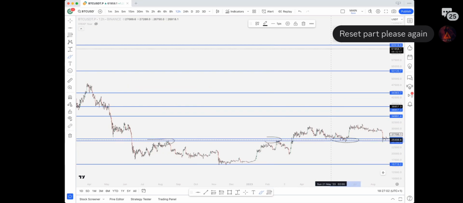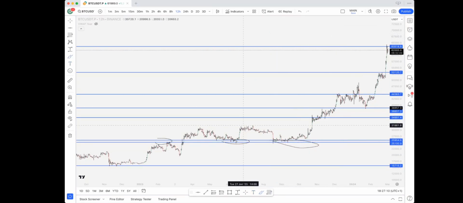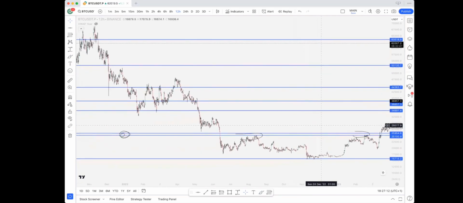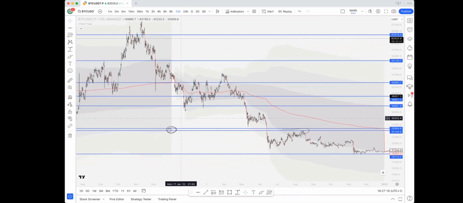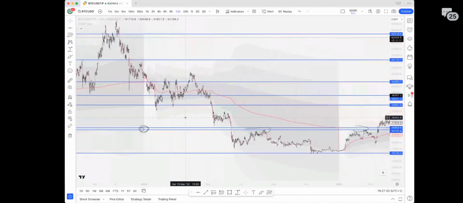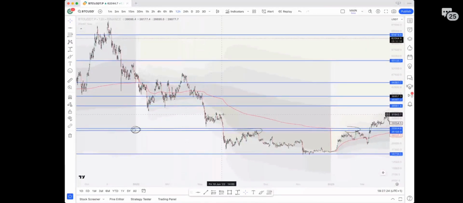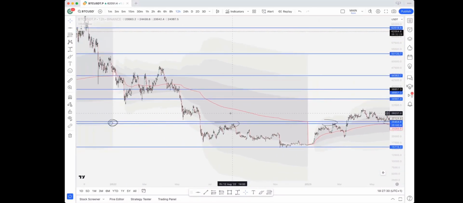Flip to support. Flip to support again. Support. And we just boom up from there. So this, from 2021 to 2022, this second deviation band reset has acted as very, very severe support and resistance. Resistance there, support here. Extremely good level.